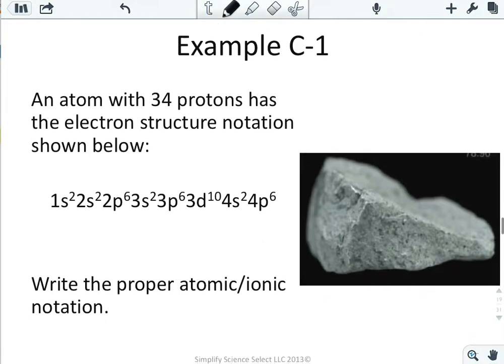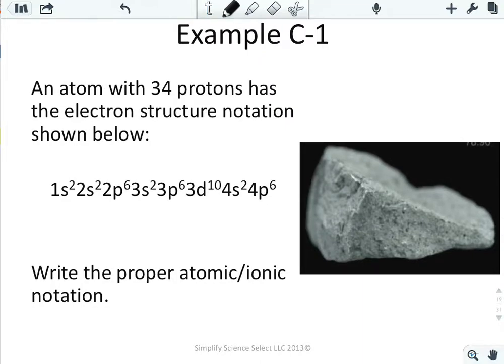So let's look at an example. It says that an atom with 34 protons has the electron structure of the notation below. And it says write the proper atomic ionic notation. So when we are looking at this, first of all, we have 34 protons. That's going to be our atomic number.